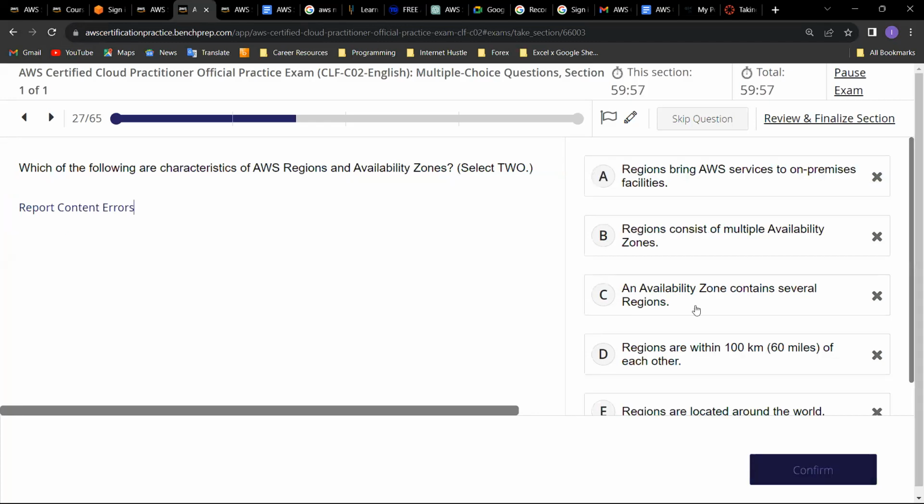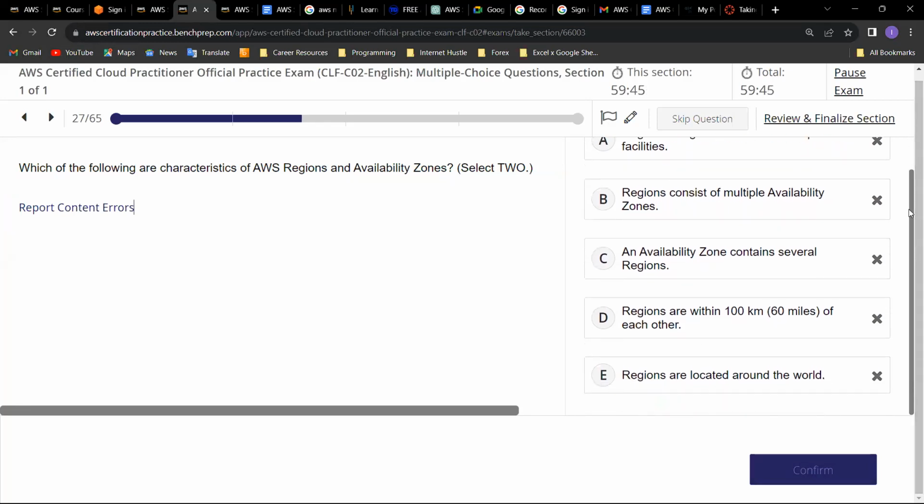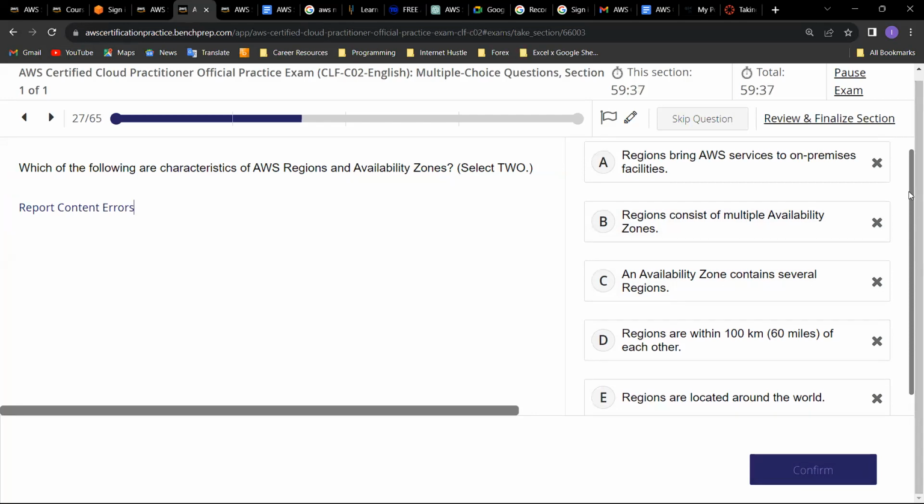Okay, so which of the following are characteristics of AWS regions and availability zones? Select two. Let's do elimination. So regions bring AWS service to on-premises facilities.